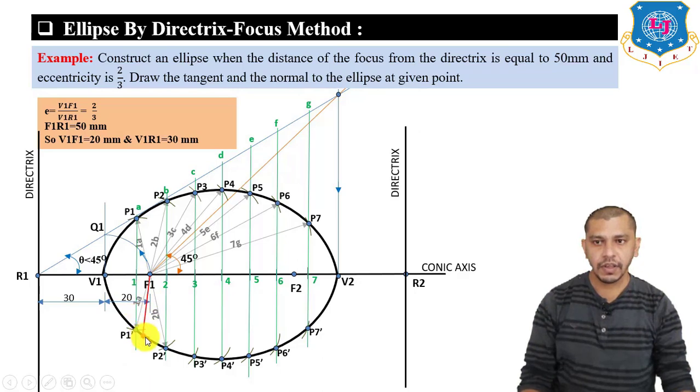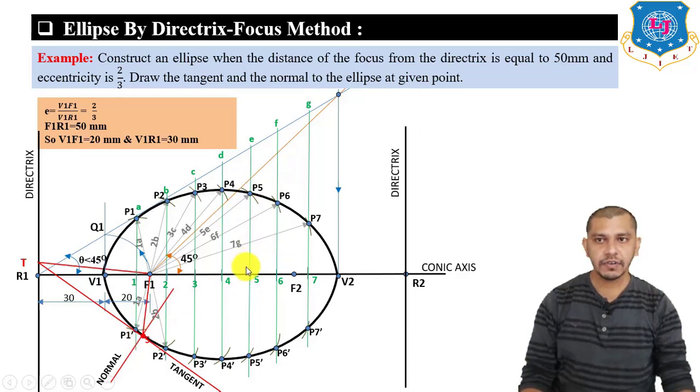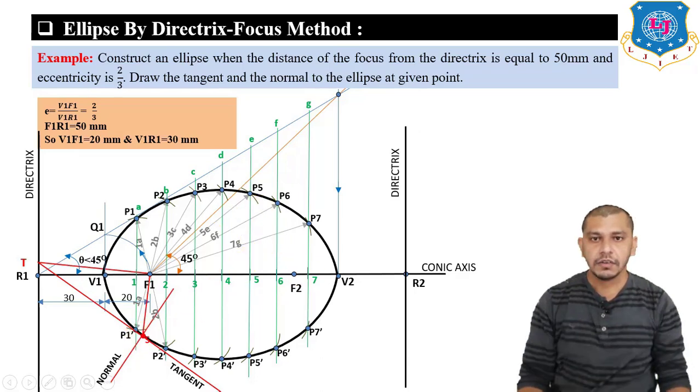After drawing this line, now draw a line perpendicular to this line from the focus point, in the direction of the directrix, and the intersection point will be T. Now connecting this point to S will be our tangent, and a line perpendicular to the tangent from point S will be the normal. So this is the directrix focus method to construct an ellipse.